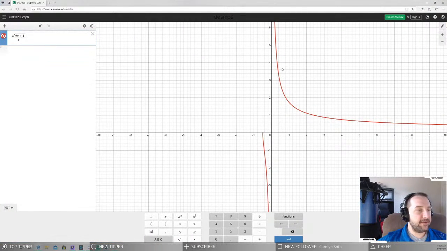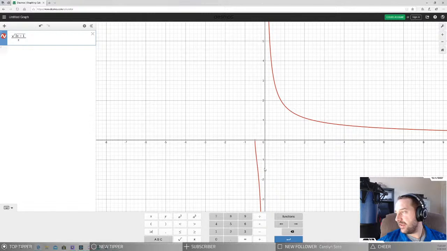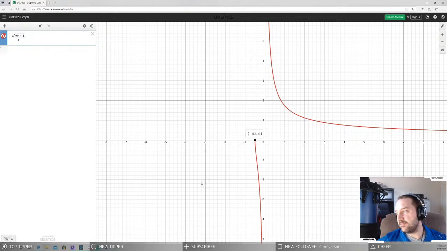If you look at the graph here, this is number 5, the square root of 2x plus 1 over x. Now, if you notice here, it looks like we have this asymptote looking thing. And if you remember from rational expressions, we have these asymptotes. So just looking at this, we can recognize that there's this asymptote at 0, but everywhere else there seems to be a graph starting at -1/2.